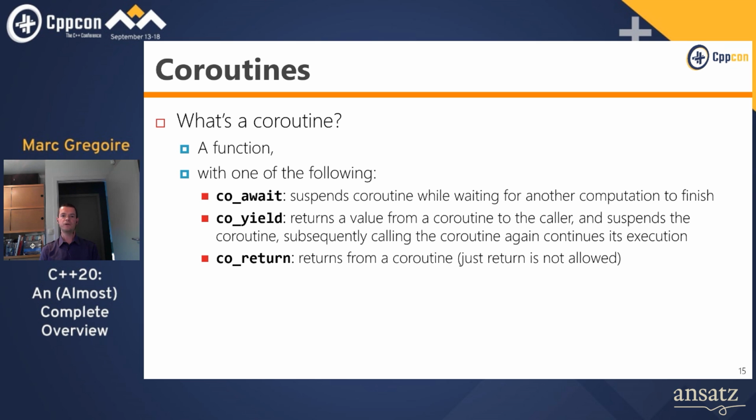It suspends my coroutine, and subsequently, when the caller calls my coroutine again, it is resumed at the statement after co_yield. And finally, if your coroutine is really finished, you can do a co_return. In a coroutine, you're not allowed to just use the return statement, you have to use co_return.